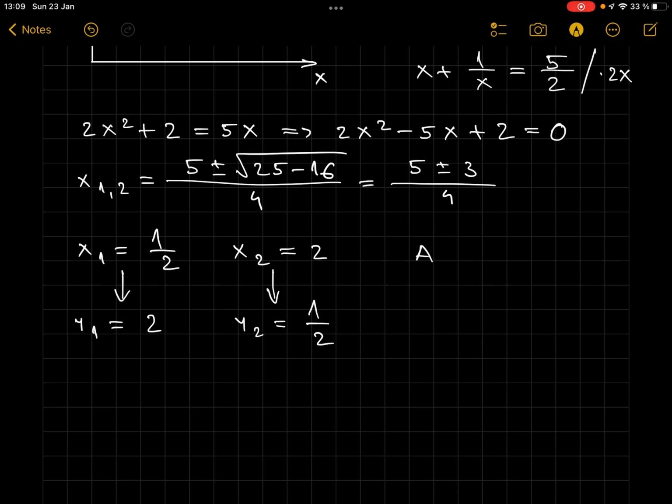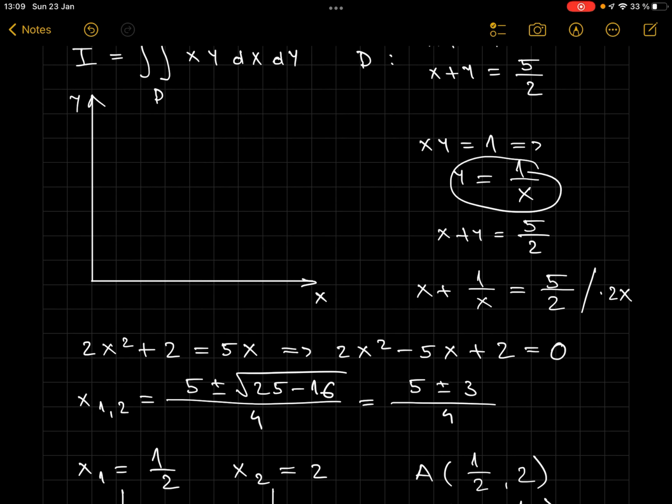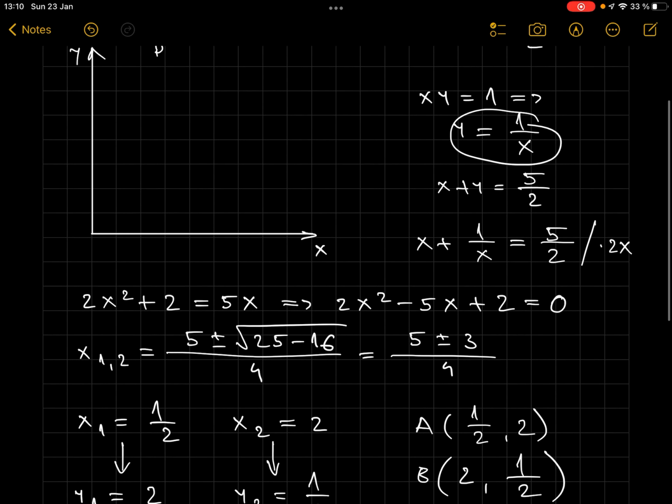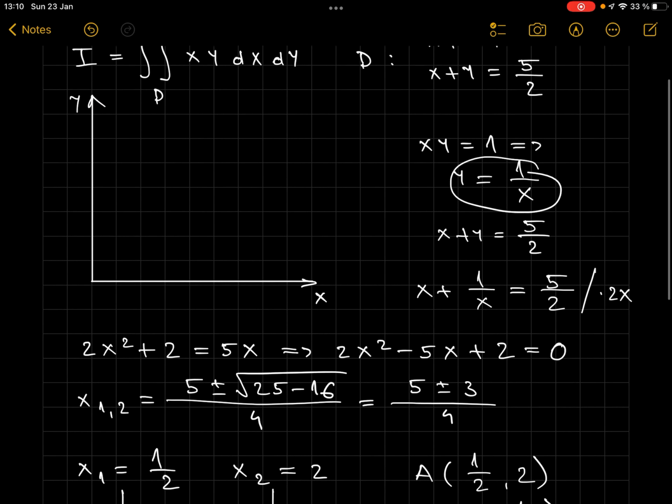So we have two intersection points, let's call them A and B. A is (1/2, 2), and B is (2, 1/2). I'm just going to try and sketch those two intersection points right here.